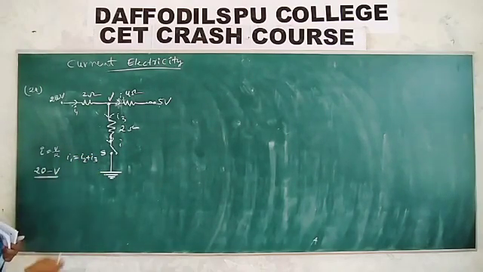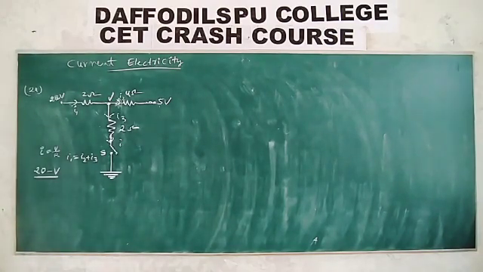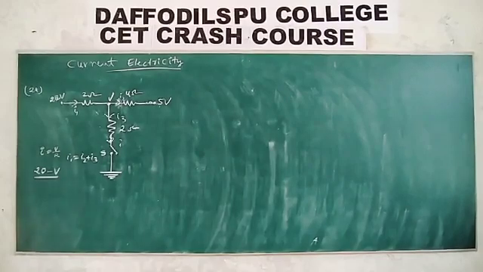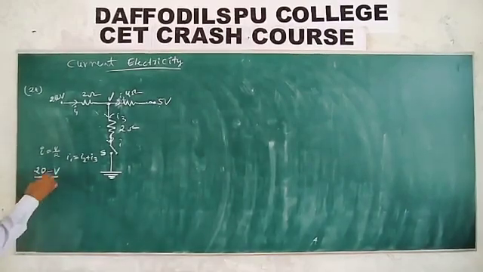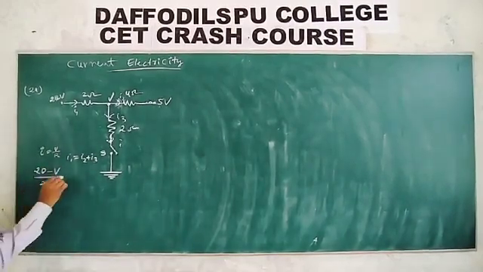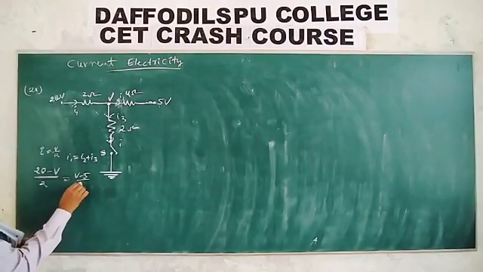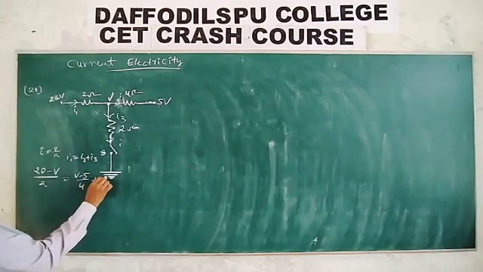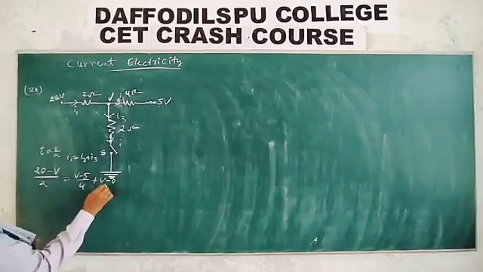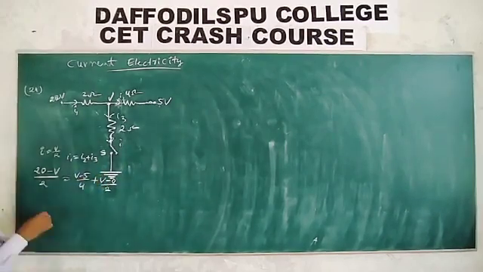Here the potential is zero. So let me take 20 minus V by 2 is equal to V minus 5 by 4 plus V minus 0, here 0 potential, by 2.